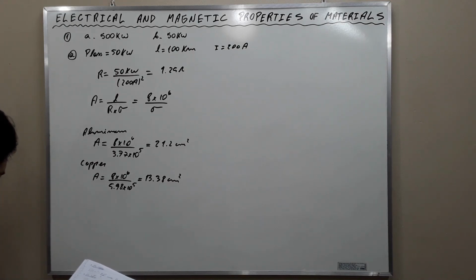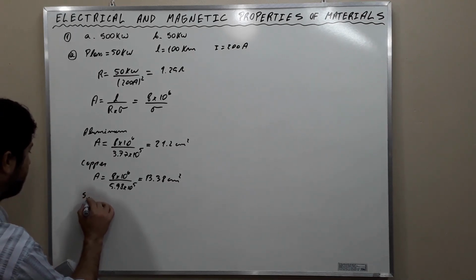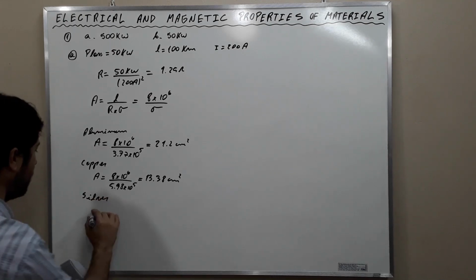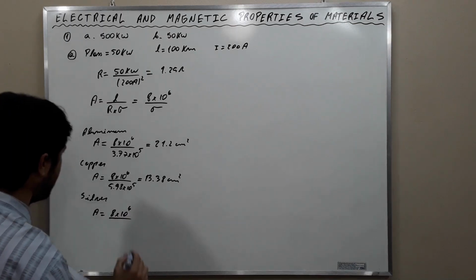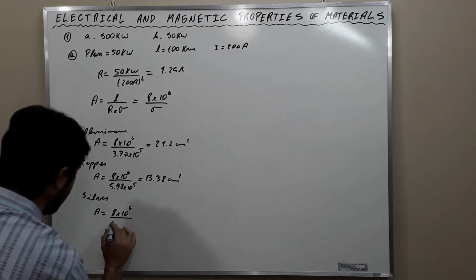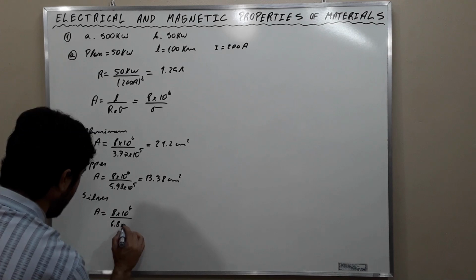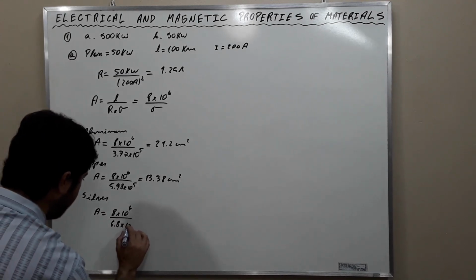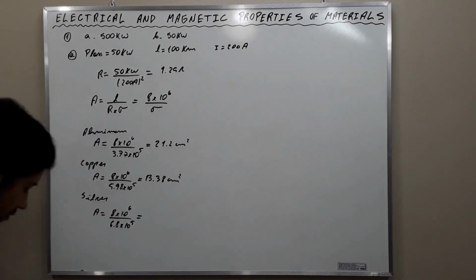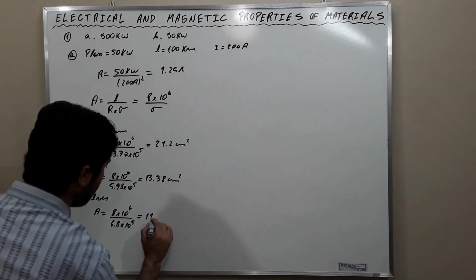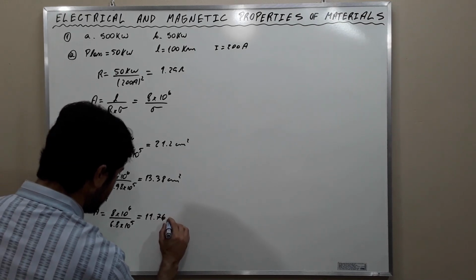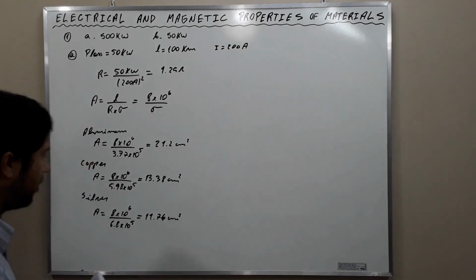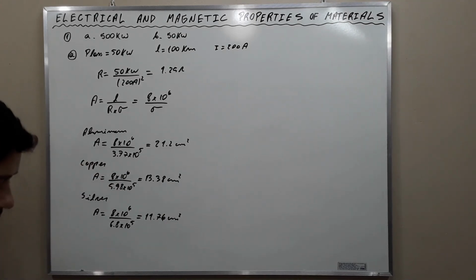And for silver, it is 8 times 10 to the 6th divided by 6.8 times 10 to the 5th, and this gives a value of 11.76 square centimeters for silver.